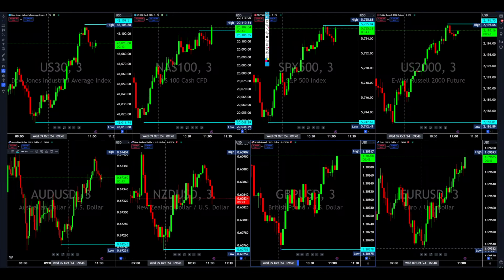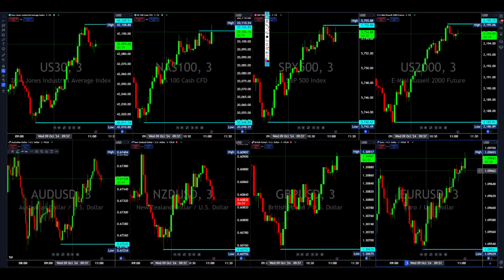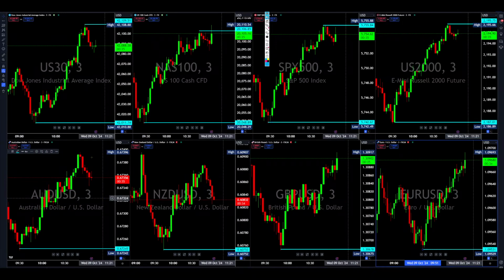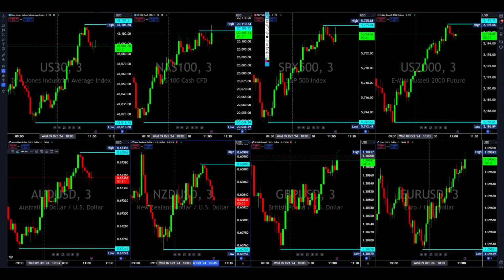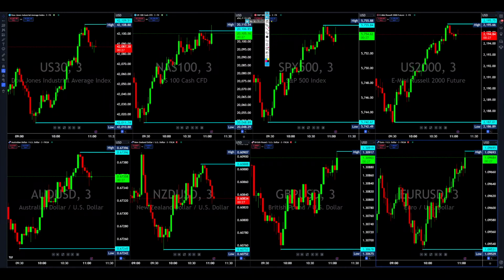So there you go. We clearly can see there are high lows on all these four charts. Okay, so there we can see that these two charts are going opposite.